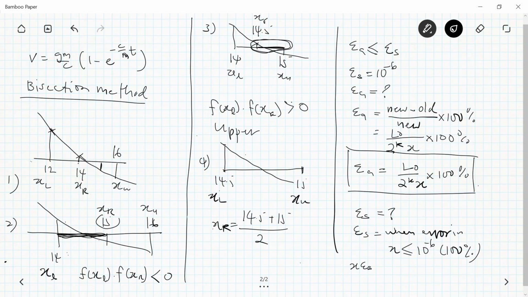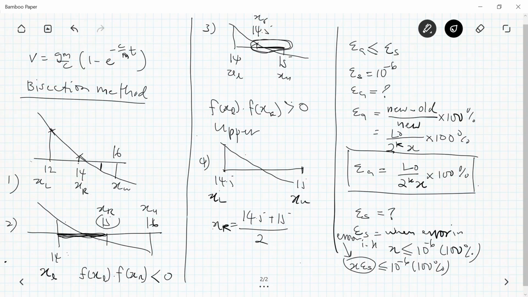And because this is in percentage, we need to divide by 100, then this becomes less or equal to 10 to the minus 6 percent. So this is what we call the error in x.